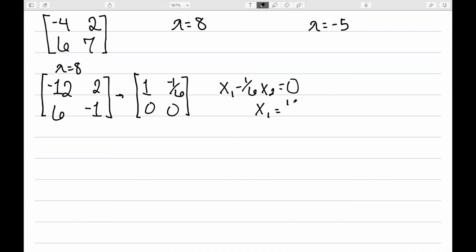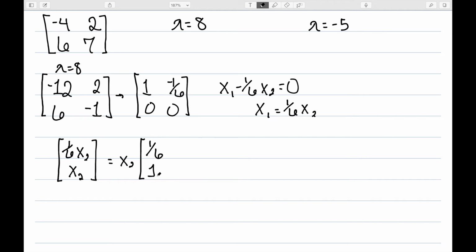Solving for x1, x1 is 1/6 x2. x2 is a free variable. We can factor out the x2 and we get our eigenvector of 1/6, 1. And like I said in the previous video, we really like to go ahead and multiply through by common denominators to get (1, 6) to be our eigenvector. So the eigenvector for lambda equal to 8 is (1, 6).